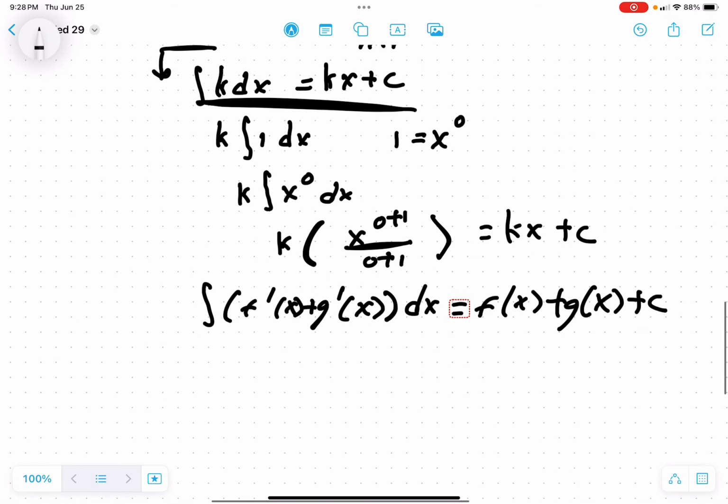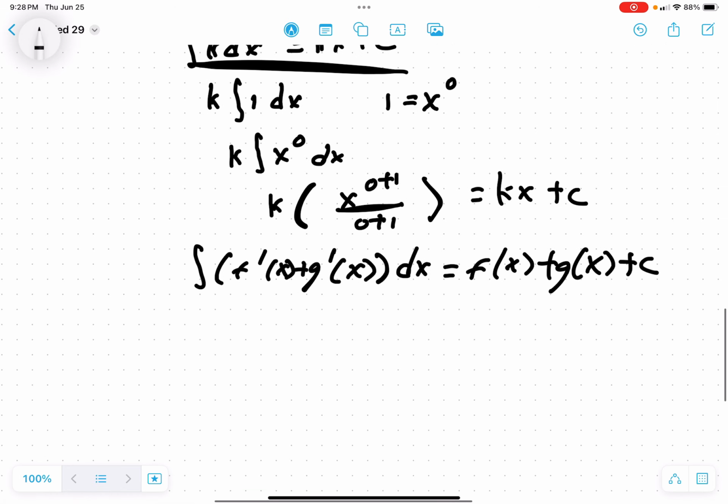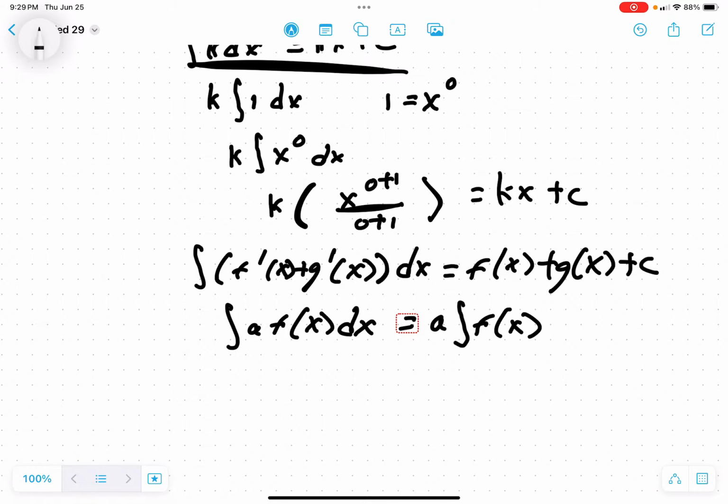That's based on the sum difference rule that we expanded on in a previous video. And then the last one, which I just mentioned, is the integral of a times f of x dx equals a times the integral of f of x dx, I can bring that out front.